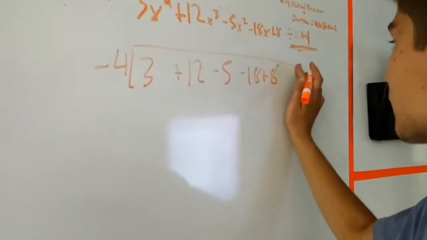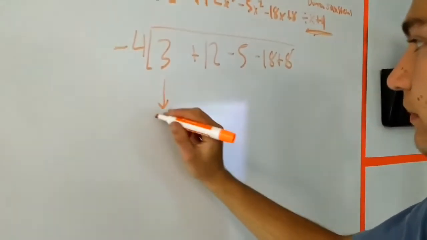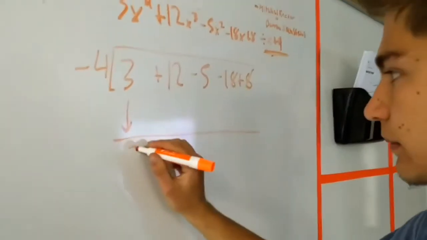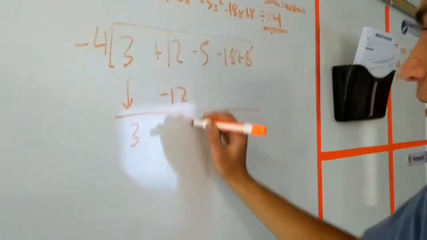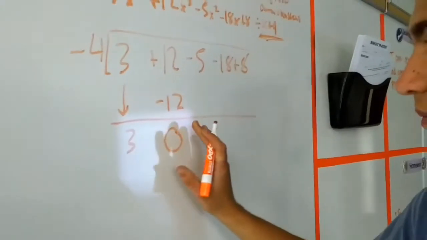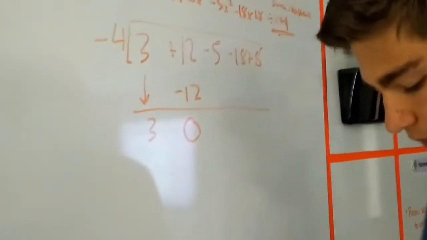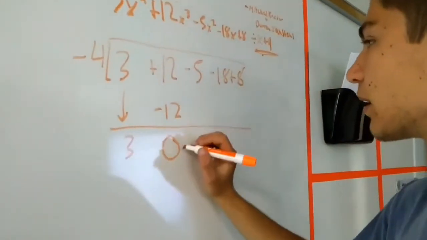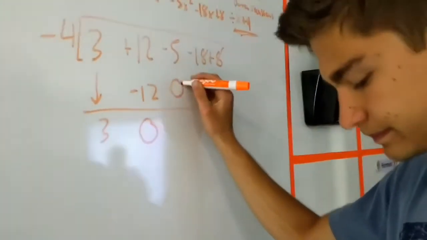That's your answers. Alright. And then you're going to bring this down just like in the last video. 3 times -4 is -12. This gives you 0. Now that doesn't mean anything yet, but I'll show you in the final answer. So -4 times 0 is 0.